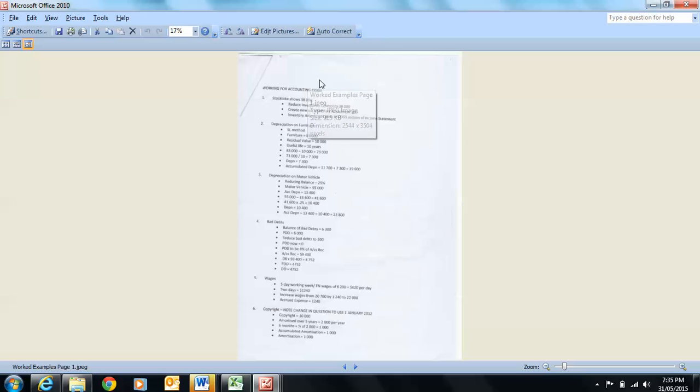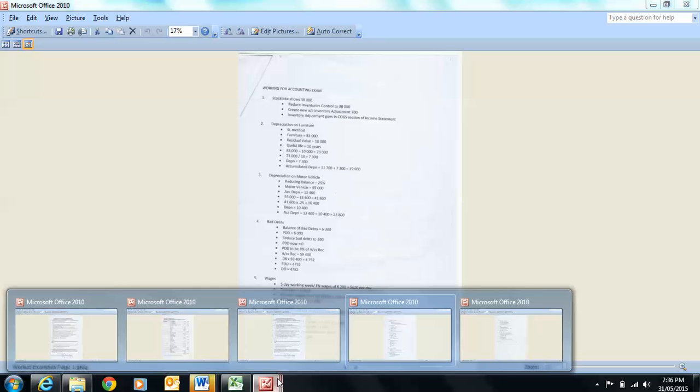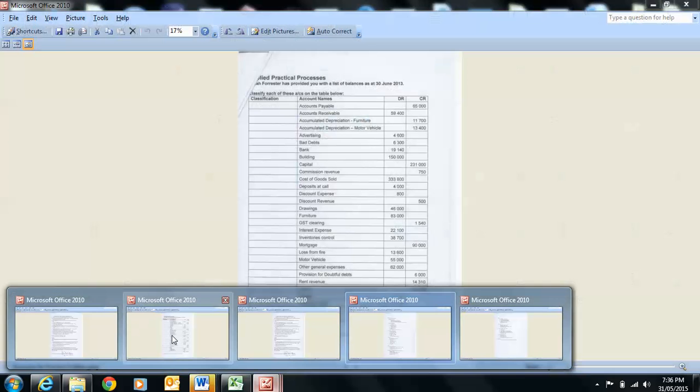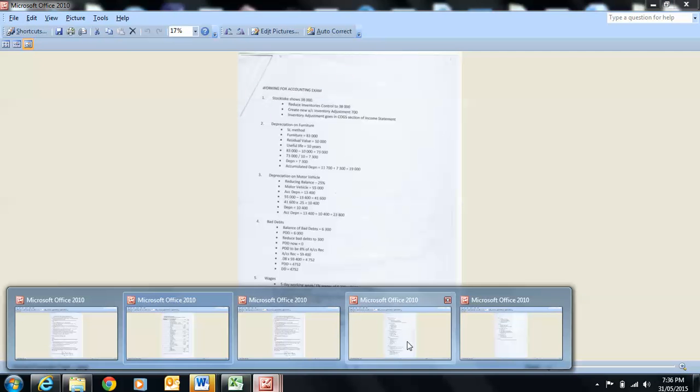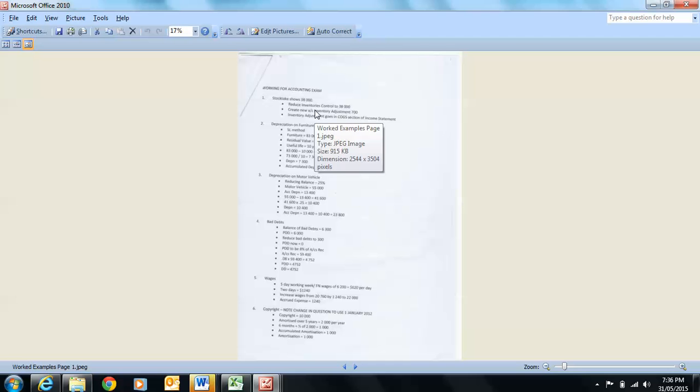So the first thing we look at is this stock take showing $38,000. And what you might be best to do as you look through this is have the chart of accounts here, because this becomes very, very important in understanding what's happening. So most of the time you're going to start here. For example, the inventory control account is $38,700, but the stock take only shows $38,000.